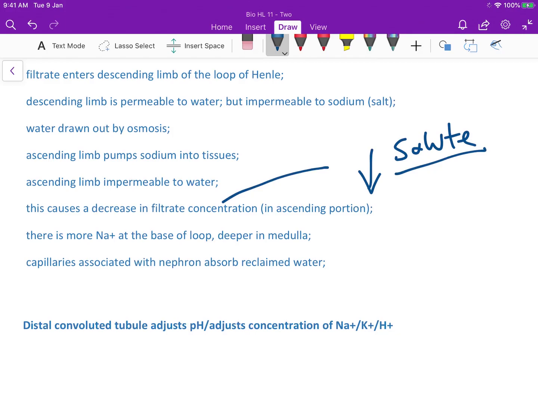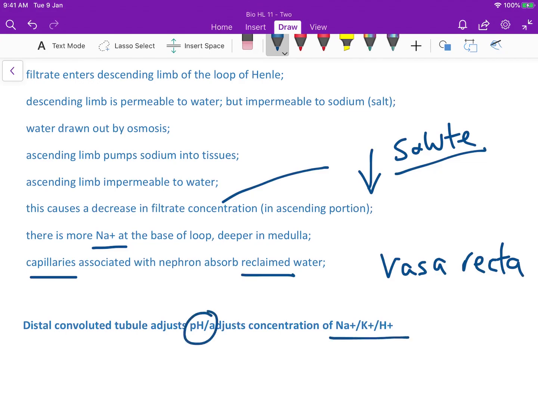And we also said, due to this pumping, we get more sodium at the base of the loop, deeper in the medulla, and surrounding it would be capillaries, the vasa recta, to reabsorb, to reclaim that water. Finally, in the distal convoluted tubule, we had readjustment of pH and of sodium, potassium, and hydrogen ions.